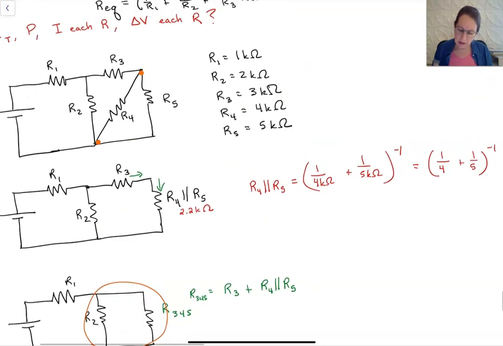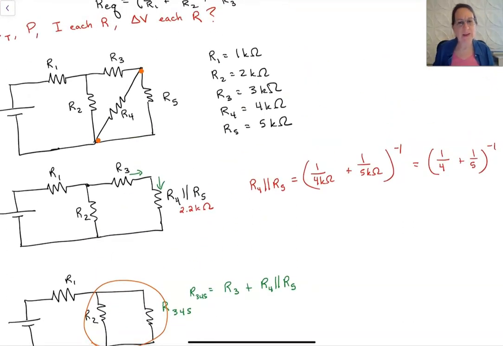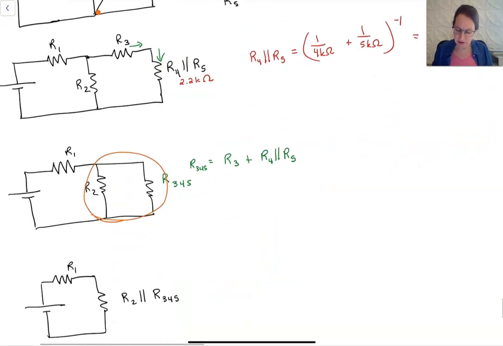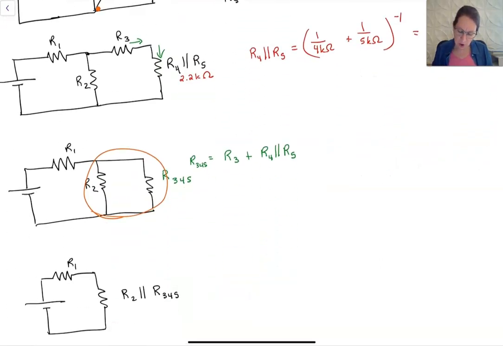So R3, I again did the same kind of thing I did in the previous example so I can keep track of the numbers. R3 is going to be 3 kiloohms. So R3,4,5 is just going to be 3 plus this 2.2, so 3 kiloohms plus 2.2 kiloohms, or 5.2 kiloohms.